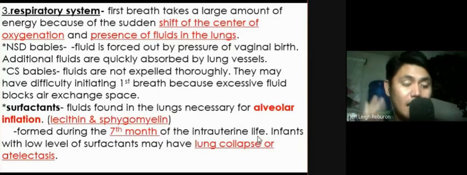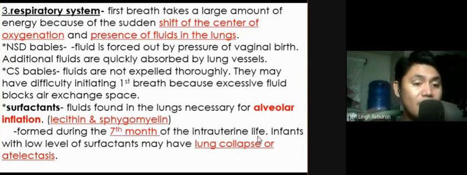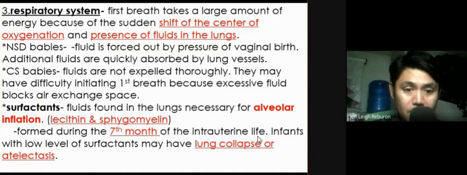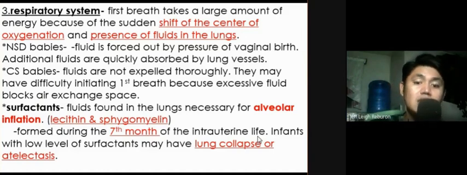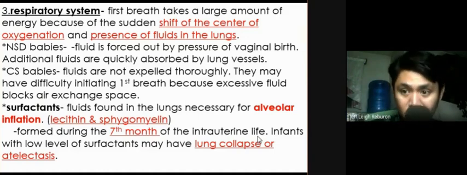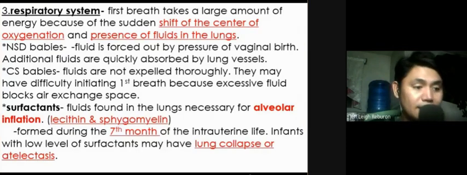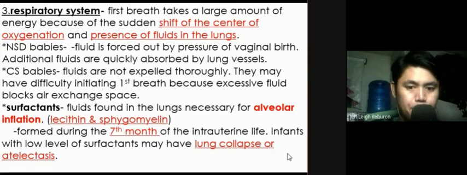So lagi niyong tatandaan po yan ha, surfactant is necessary. It is produced on the 7th month of life. It is needed for alveolar inflation. Ano pa po? And kung wala po tayong surfactants, it leads to lung collapse or atelectasis. Okay. So clear naman po so far?